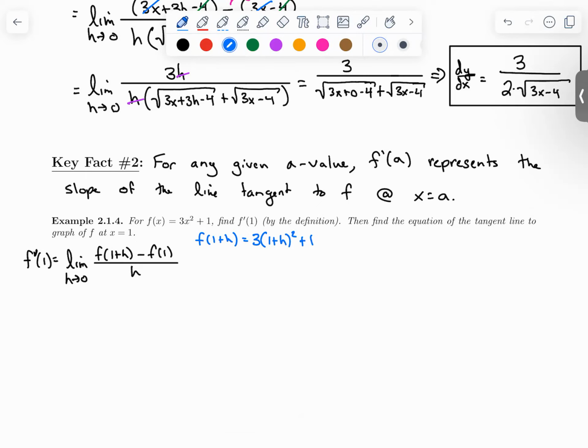And so foiling that out, you get 3 plus 6h plus 3h squared plus 1, or preferably 4 plus 6h plus 3h squared.